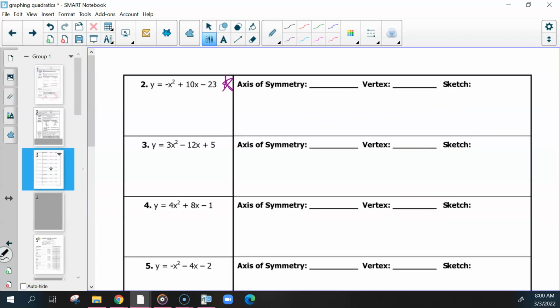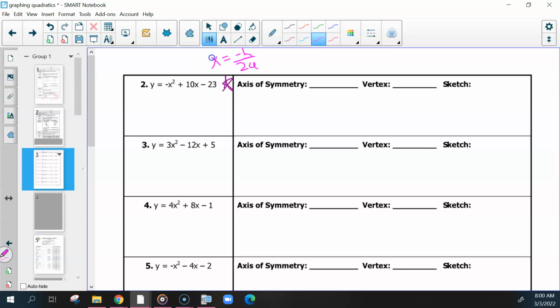Number 2. Same process. Find our axis of symmetry using that same formula, x equals negative b over 2a.